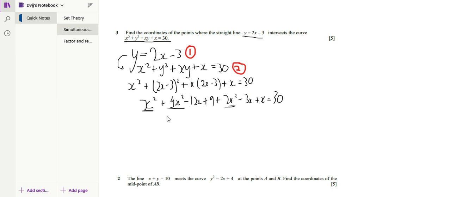So let's just make it a little bit neater to look at first. So we just combine our x squared terms, we get 7x squared. If we combine our x terms, it's minus 12 minus 3 plus 1, so minus 14x, and 9 take away 30 is negative 21. Cool. We can just divide by 7 on both sides and we'll get x squared minus 2x minus 3 is 0.